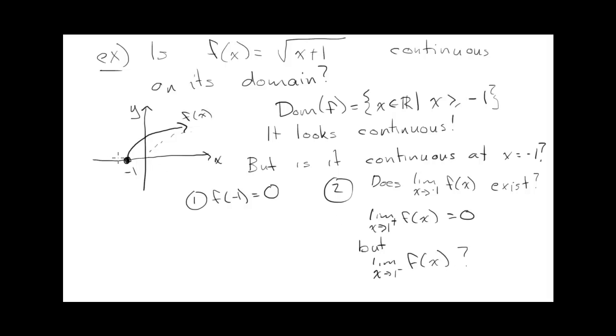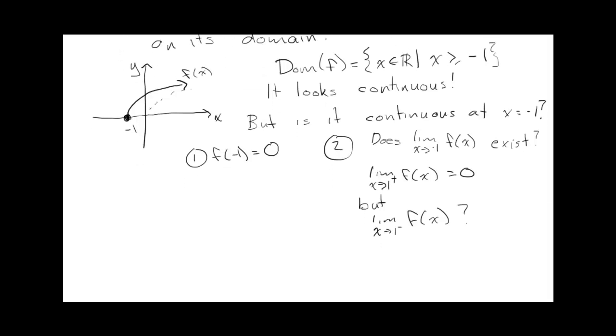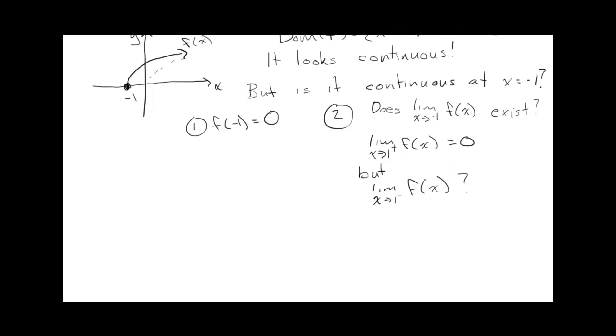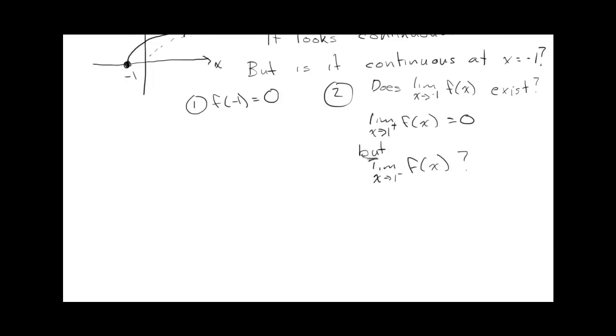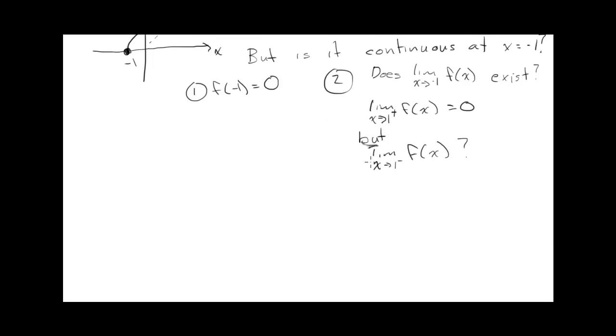Well, I can't take numbers smaller than -1 because that's not in the domain. So the left limit doesn't exist. So does that mean the limit overall doesn't exist? The answer is sort of tricky. It's going to force us to define something in a new way. Technically the limit doesn't exist because it only exists from the right side.